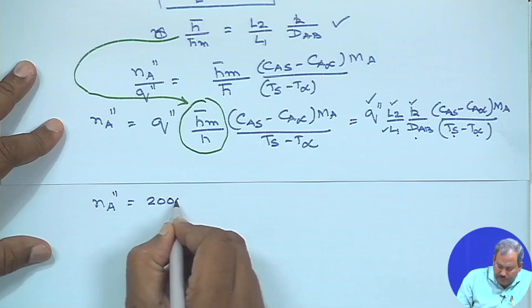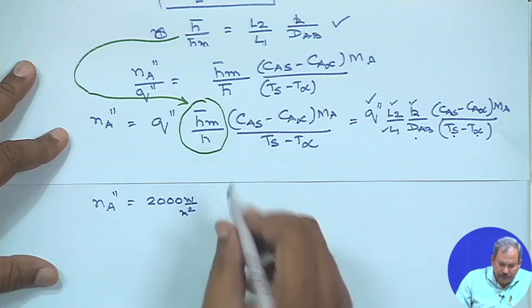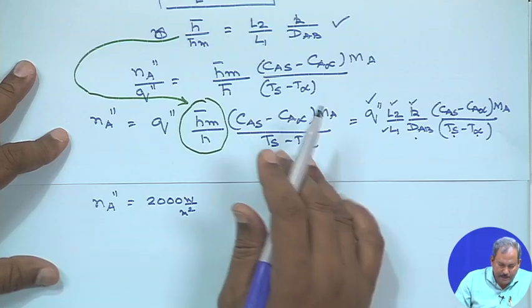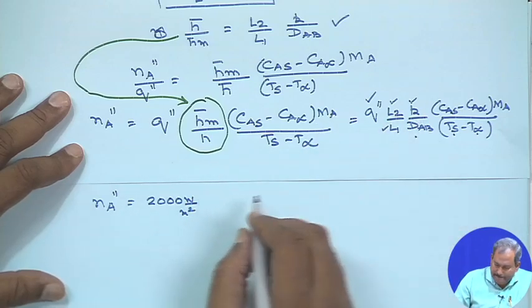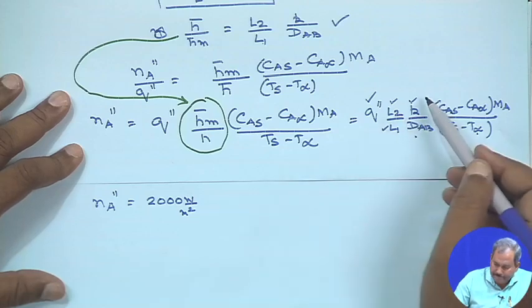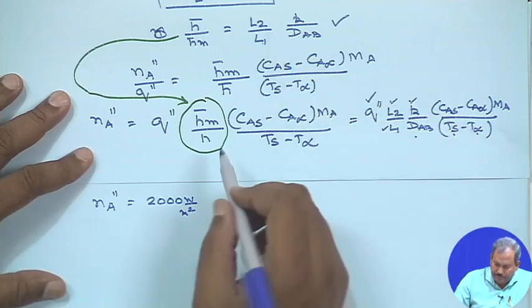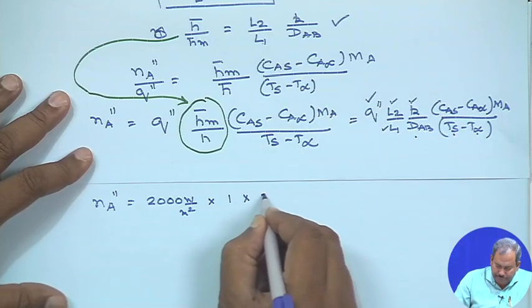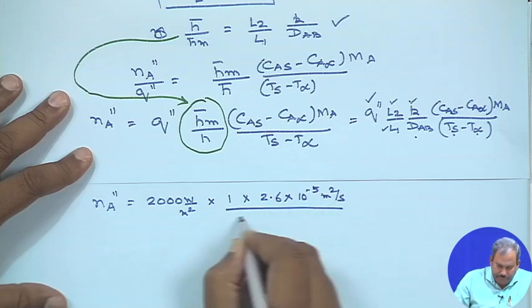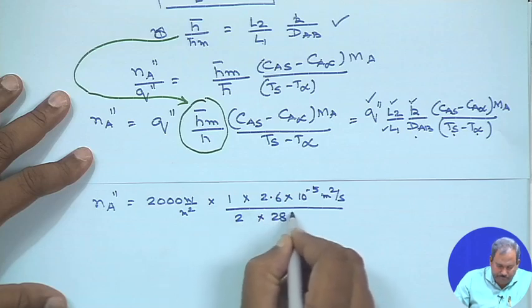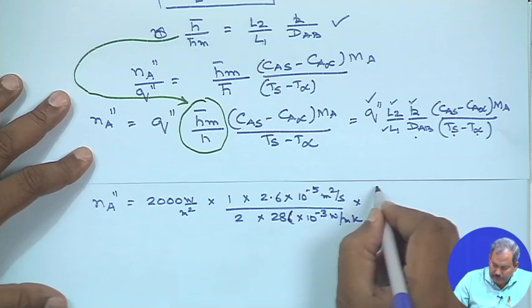This Q double prime is 2000 watt per meter square. You put all the values in here that you have calculated.